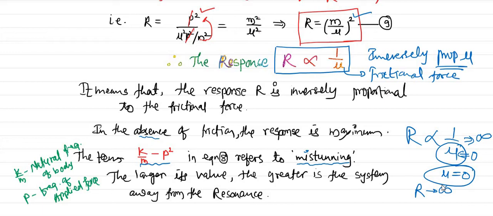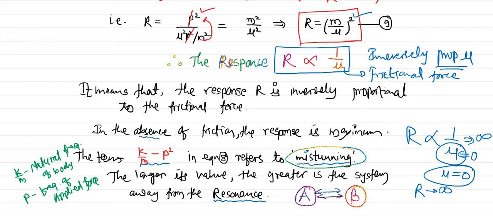Okay, so that means what? Here k by m minus p square actually gives you the mistuning, right? The larger its value, the greater is the system away from the resonance. If I am talking about two different friends A and B, and they have more mistuning, is there any possibility for them to come together and work together?